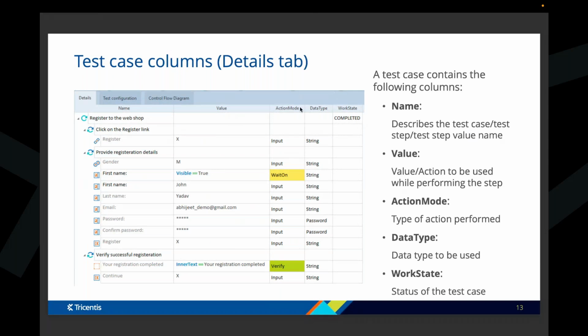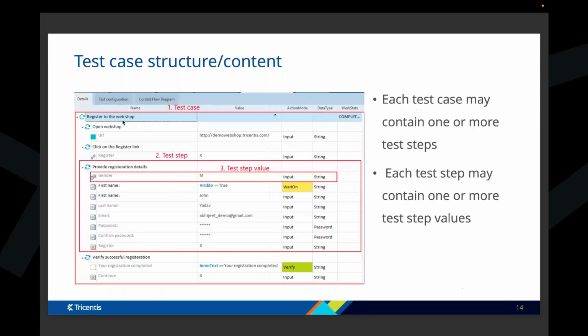This is just an image, a replica of Tosca Commander, that I have put here. I will be showing this once we are in the tool, but I wanted to show here what the structure in Tosca is. The blue circle arrow is something that represents your test case. If you want to create a test case, there will be a blue arrow over there.